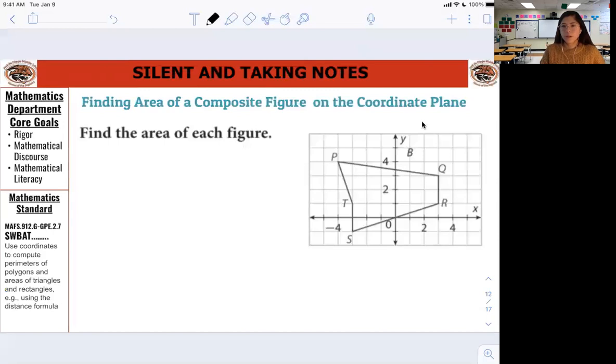Q and R, they're already connected. Remember, I need to break this down even further. Q and T, but is QT going to be a vertical or horizontal line? No, right?